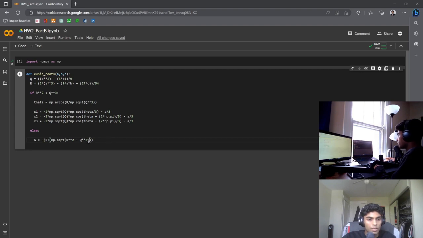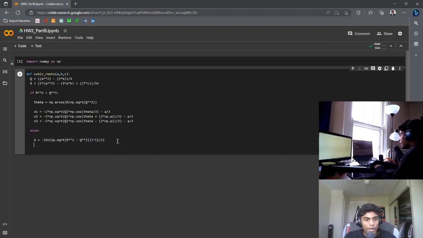Let me just make sure that my parentheses are right. Okay, and all of that is going to be put to the 1/3 power. Essentially, we're cube rooting that.